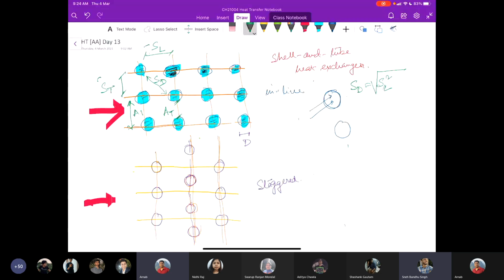The diagonal pitch that we typically define is the relation between the transverse pitch and the longitudinal pitch. This is the diagonal distance between the two tubes or two columns of tubes, basically the center to center distance.